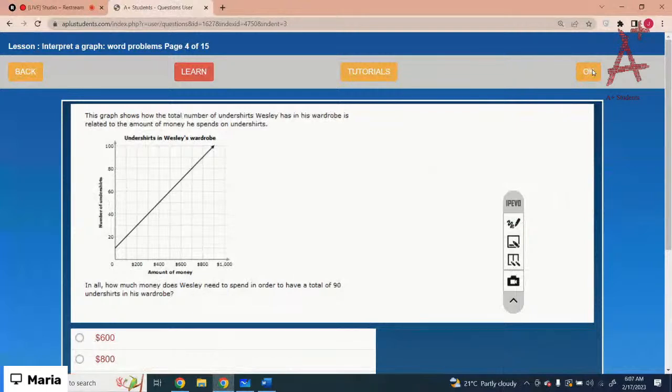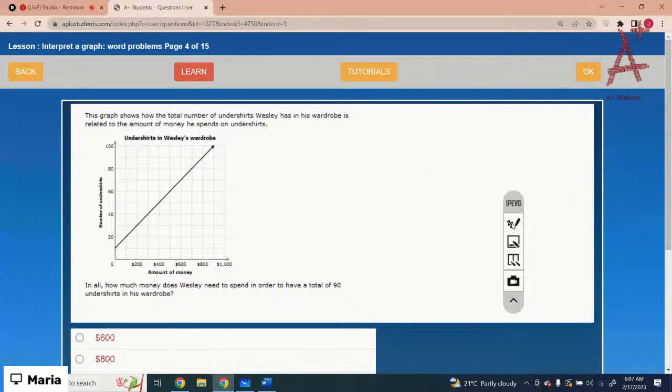Okay, this graph shows how the total number of undershirts Wesley has in his wardrobe is related to the amount of money he spends on undershirts. In all, how much money does Wesley need to spend in order to have a total of 90 undershirts in his wardrobe? So on the x-axis, you have the amount of money he spends, and on the y-axis you have the number of undershirts. So 90 undershirts in his wardrobe.